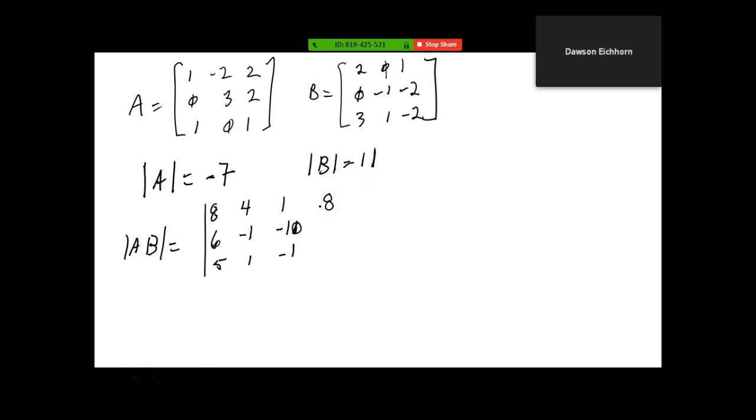Hint. Repeat the first two columns, right? Okay. I thought that's what you were saying. Okay. Now that's not really a determinant, but you know what I mean by that.